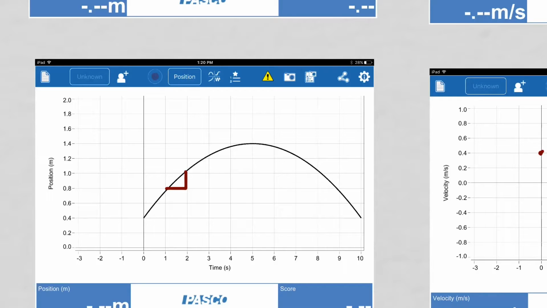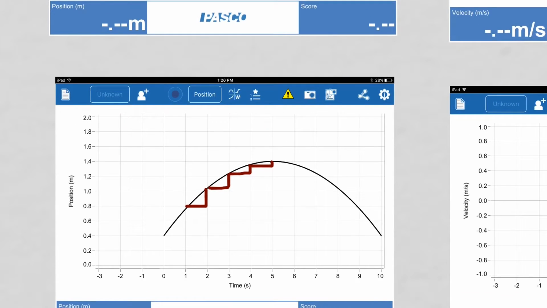And same thing, if you look at this next second, our run is still going to be a second, but our rise is going up less and less and less. So this object is slowing down.